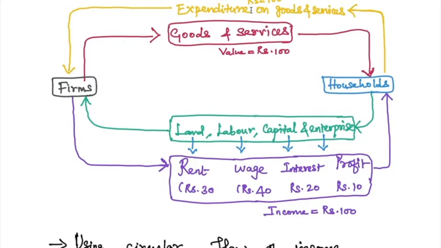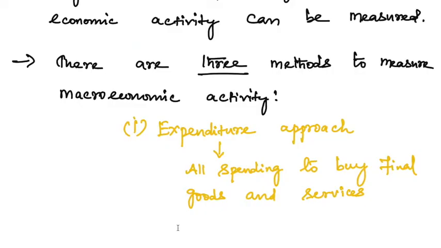So it is the same 100 rupees which is being circulated in a closed economy, where the country is not trading with any other country. This is the simplest version. Using circular flow of income, the macroeconomic activity of any country can be measured.